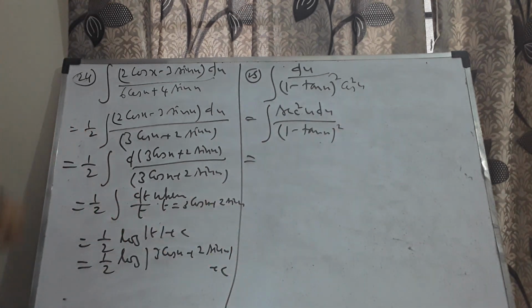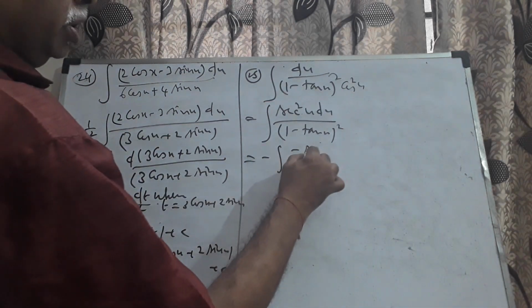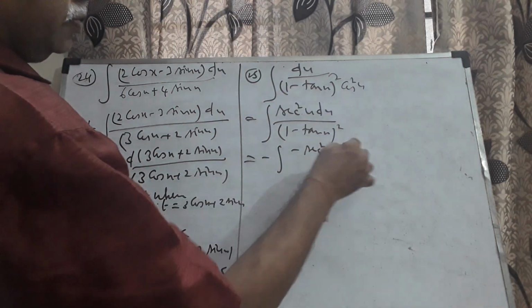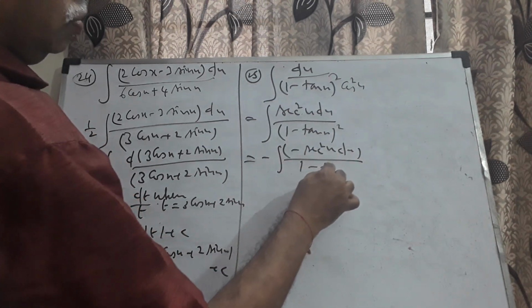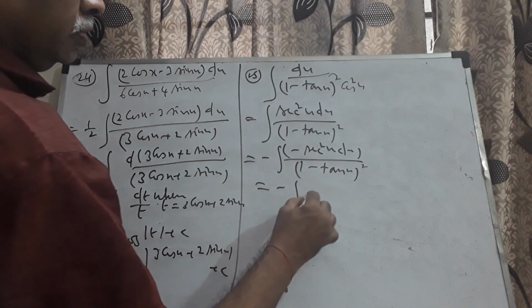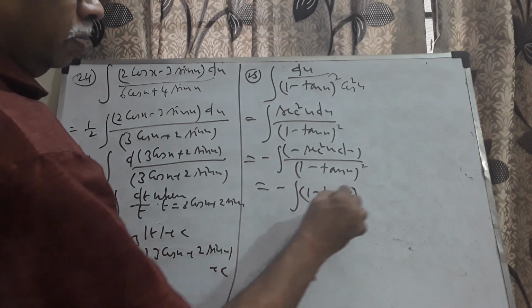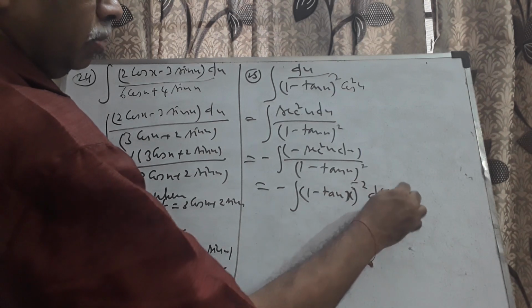But if you observe carefully, d of 1 is 0, d of minus tan x is minus secant square x. Therefore, multiply 2 minus signs in the next step. Secant square x dx divided by 1 minus tan x the whole square can be written as 1 minus tan x to the power minus 2 d of 1 minus tan x.